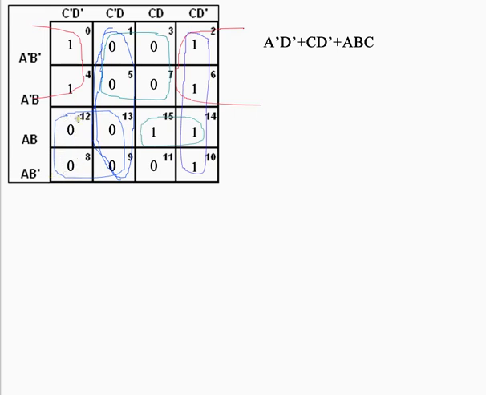Those cannot be grouped with anything else. So I have to take this big group right here of 8, 9, 12, and 13. And because of the zeros at the spots 3 and 7, I have to take the green term up here. So these two terms that I must take already cover the zeros that are in the column C0 and D. And so I don't need to have this term taken.